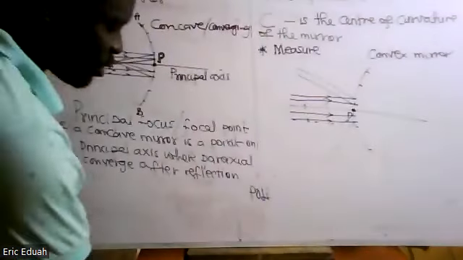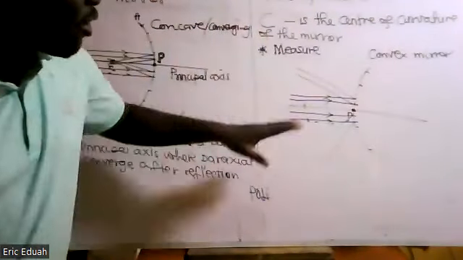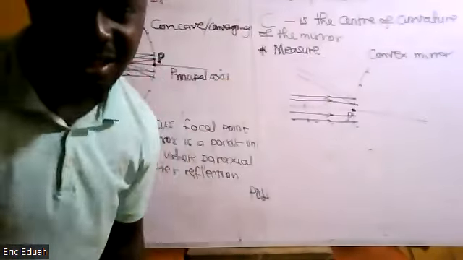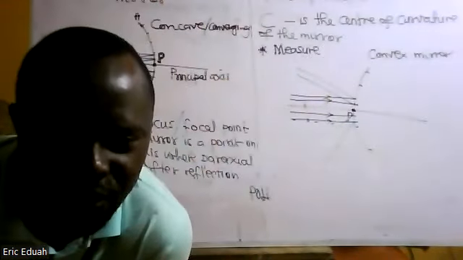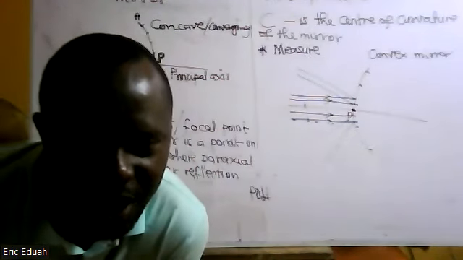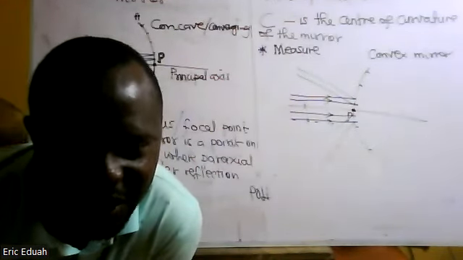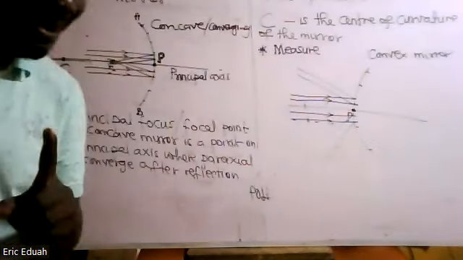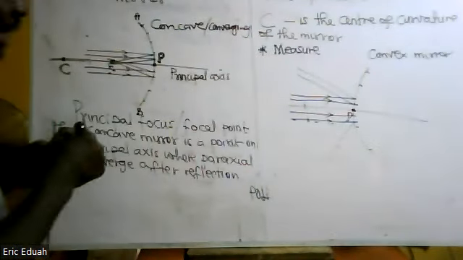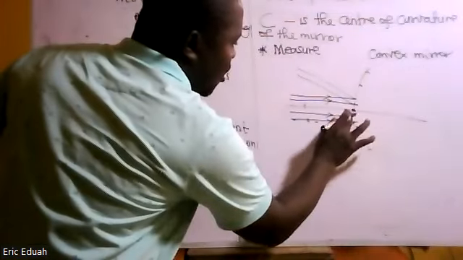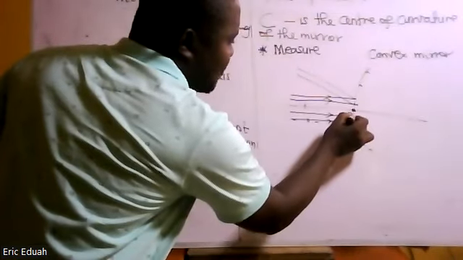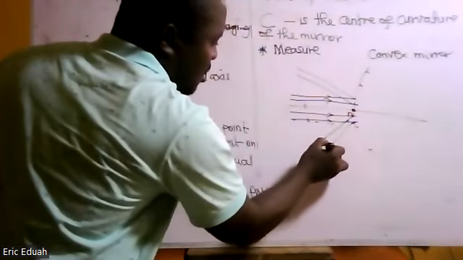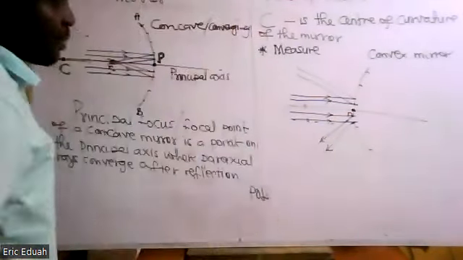Now, convex mirror diverges rays. Okay, Adwa is trying to say, a point on the principal axis where parallel rays diverge after reflection. Adwa, nice try, but you are missing something. You see, a convex mirror diverges parallel rays, okay?